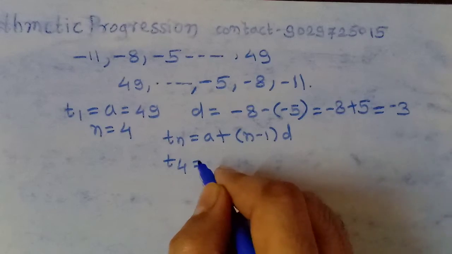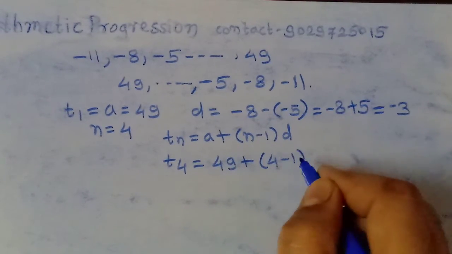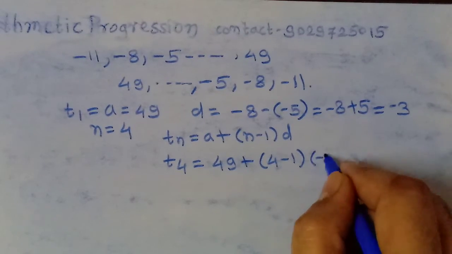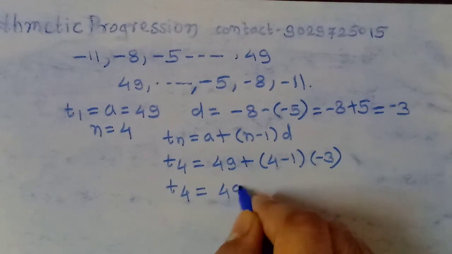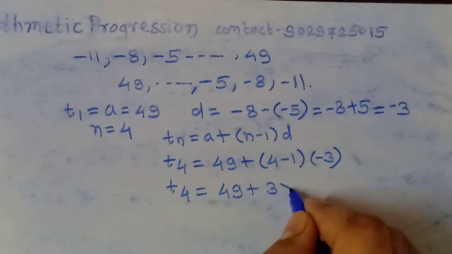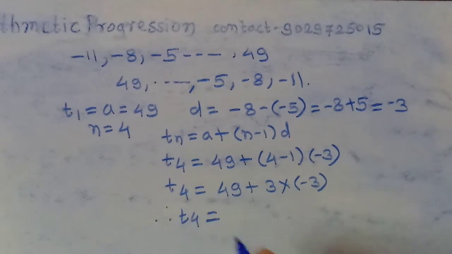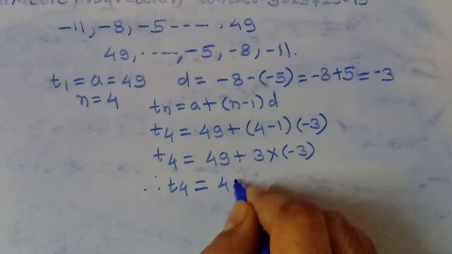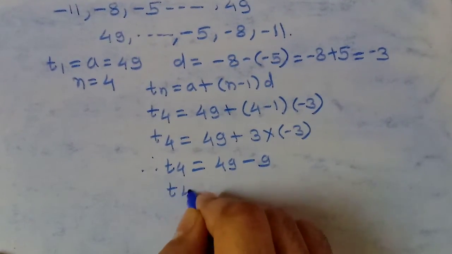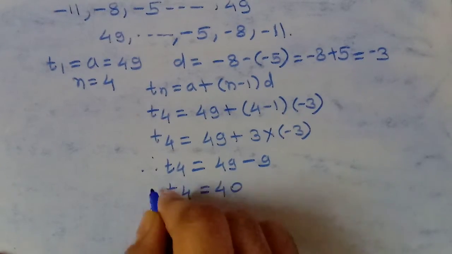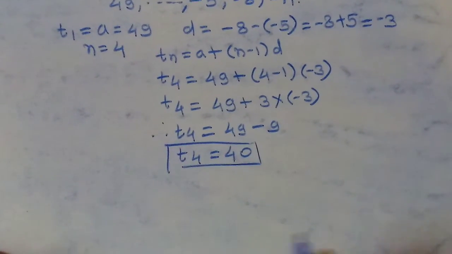T4 is equal to 49 plus (4 minus 1) into minus 3, that is 49 plus 3 into minus 3, that is 49 plus minus 9, that is 49 minus 9 is 40.